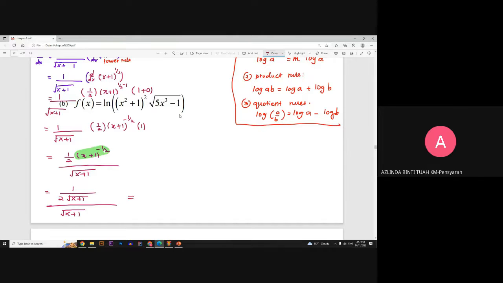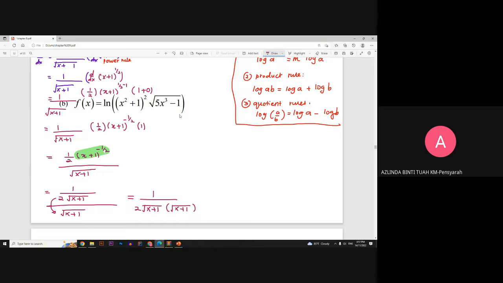Okay, by using a shortcut, I can just bring these two down. Then multiply with what was originally there.